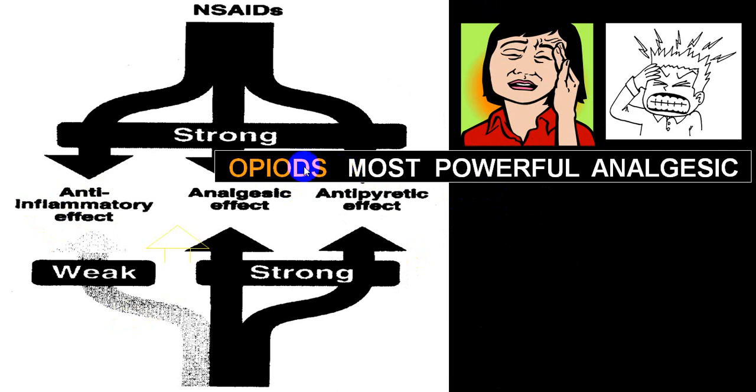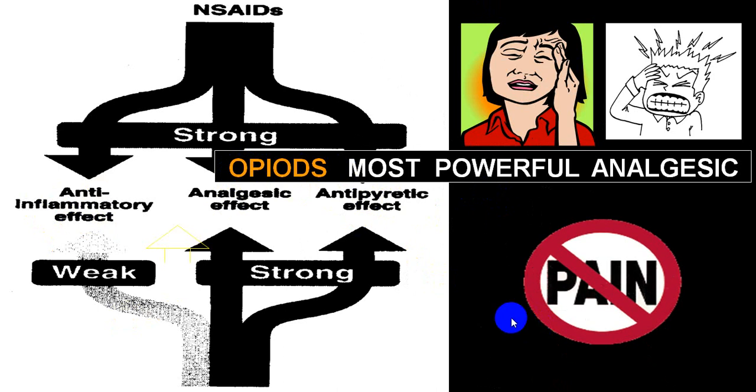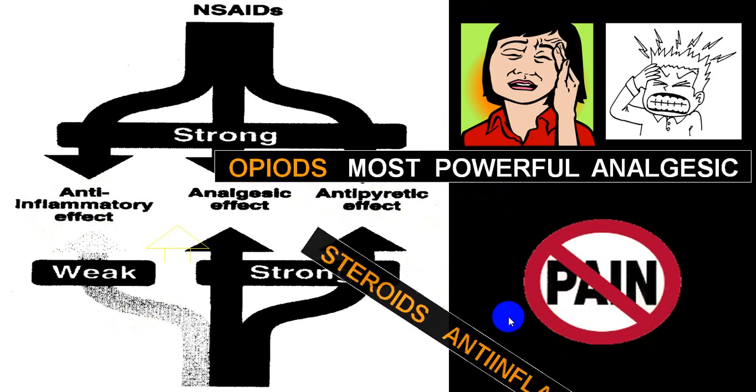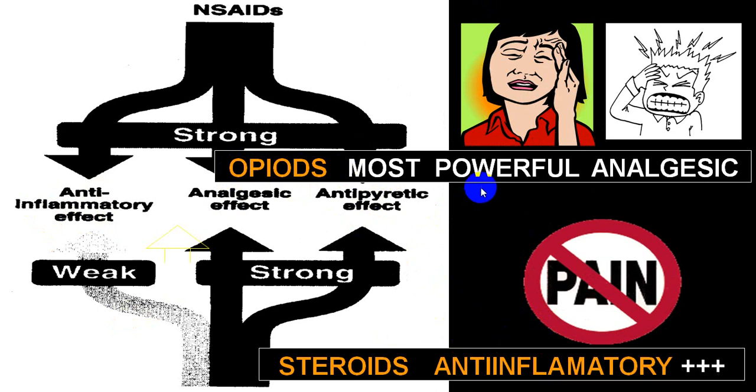But opioid is a very powerful analgesic, but has no antipyretic and no anti-inflammatory effects. So it can reduce pain, but has no effect on inflammation or fever. Steroid is a very powerful anti-inflammatory.